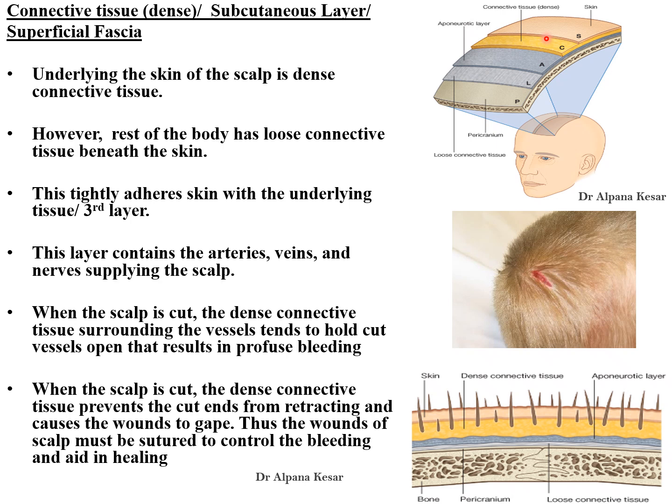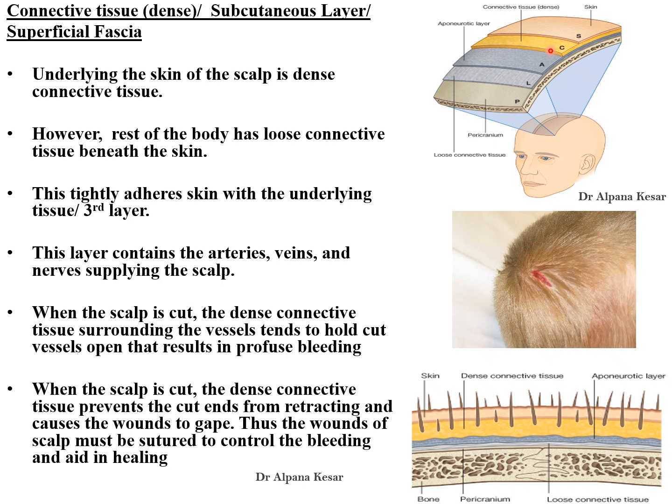The second layer of scalp present beneath the skin is dense connective tissue. In the human body, beneath the skin is present loose connective tissue, with scalp, palms and soles being an exception that have dense connective tissue present beneath the skin.